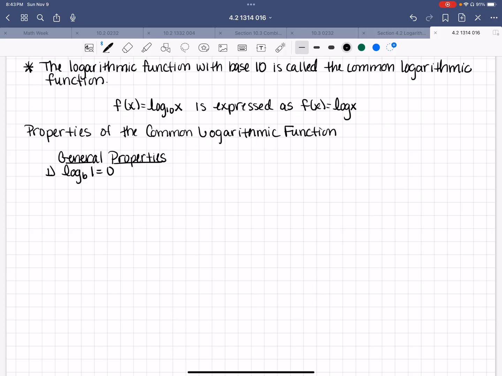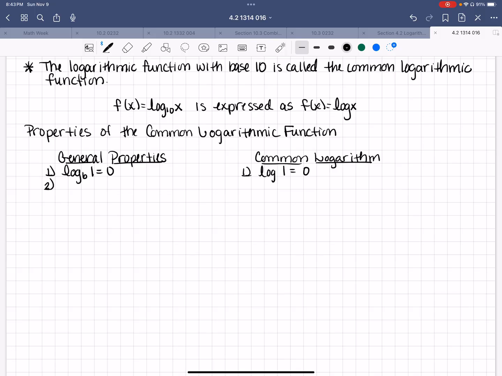We know that, we wrote that, and that can translate over here to my common log as log of 1 equals 0. Okay?